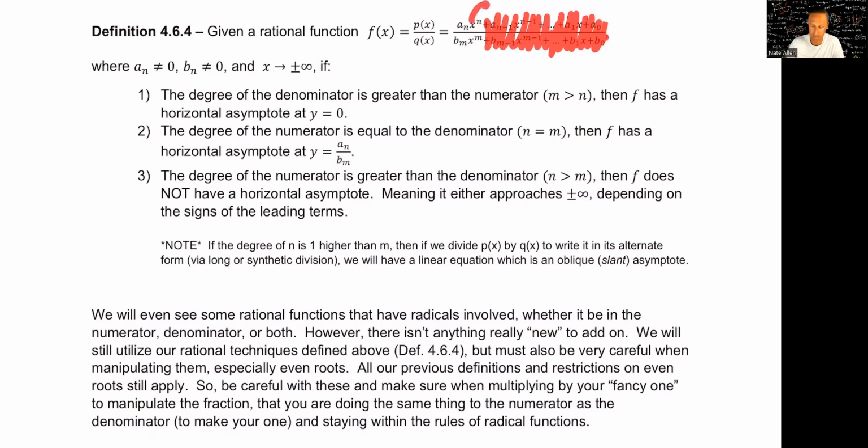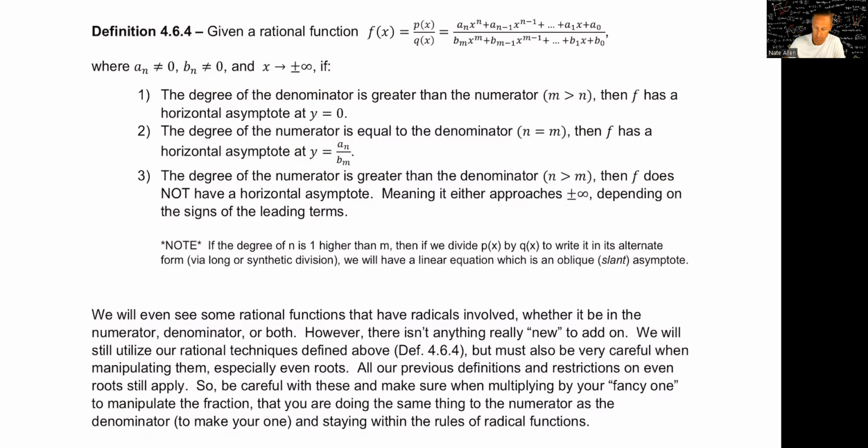And if they are the same, we will just have their coefficients. And if the denominator is bigger, then it's going to win. And if it wins as we approach infinities, that means it's going to approach 0 because the bottom won. And if the top wins, then the top is going to go to infinity, which means it approaches either positive or negative infinity.